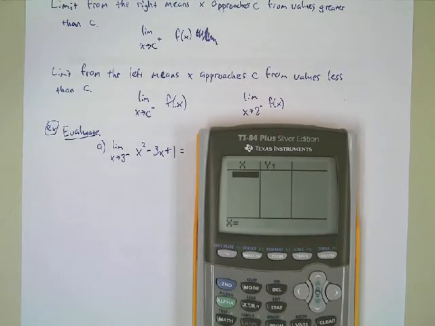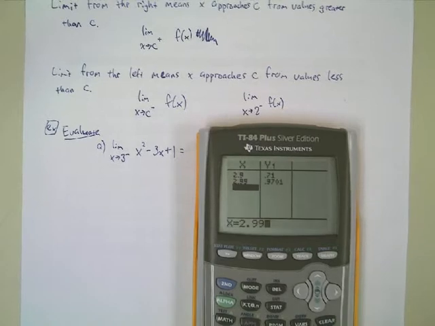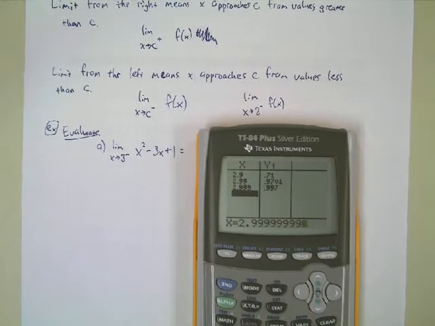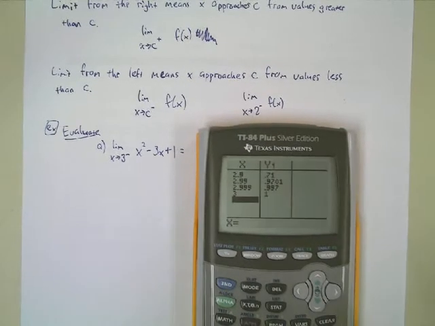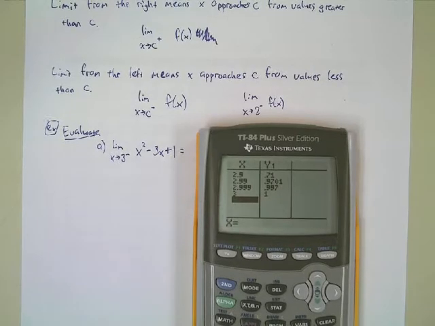To mimic approaching 3 from the left, what kind of number should we type in here? 2.9. So I'll do 2.9, 2.99, 2.999, 2.99999999999. And what do we end up with here?